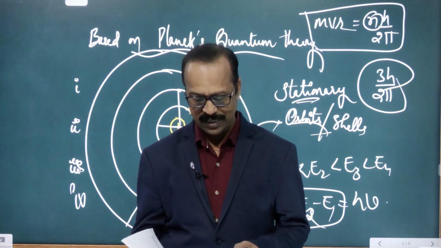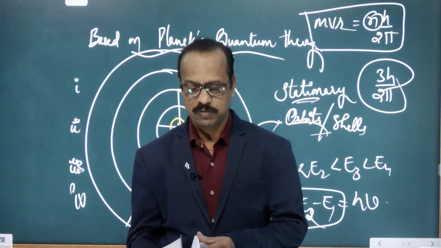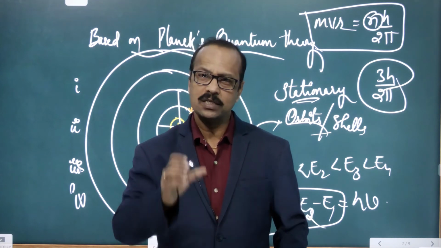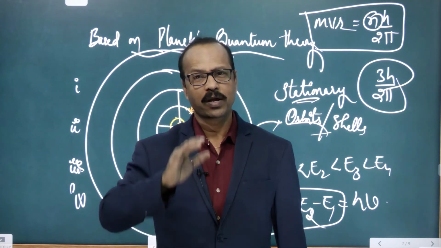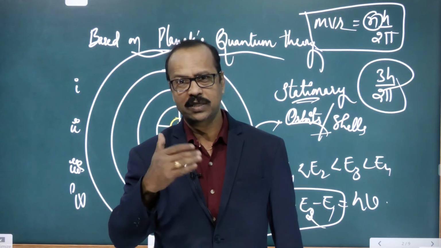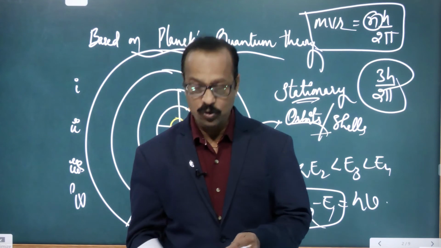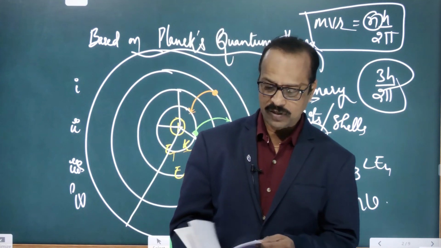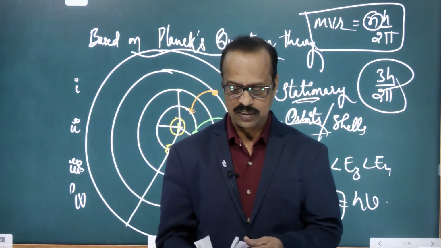Only a small region we can see, which is called the visible spectrum. Then we discussed the characteristics of waves: wavelength, frequency, velocity, amplitude and time period. This all we discussed in the fourth synopsis.